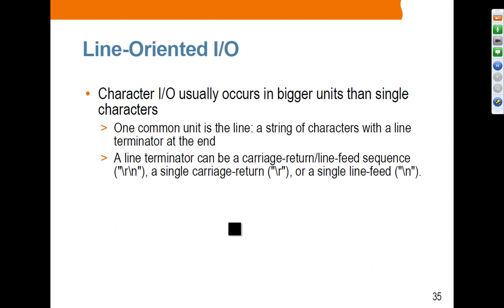You can also perform line-oriented I/O. Character I/O usually occurs in bigger units than single characters, and a line is a good boundary for performing I/O operations. The line terminator for Windows is \r\n, and for macOS and Linux it is the \n character.